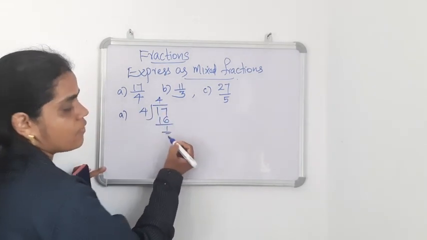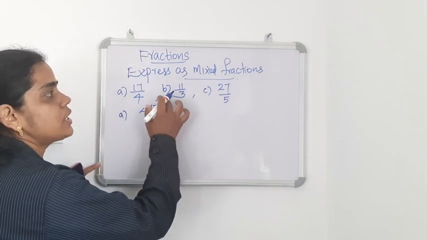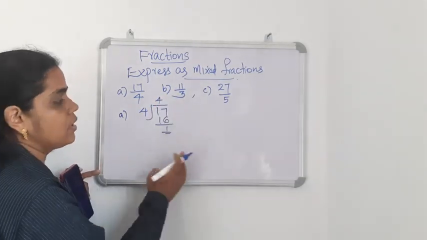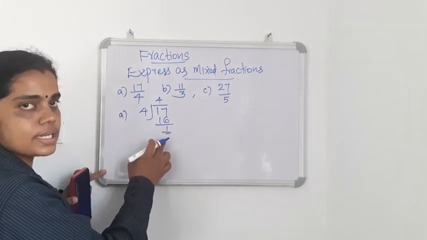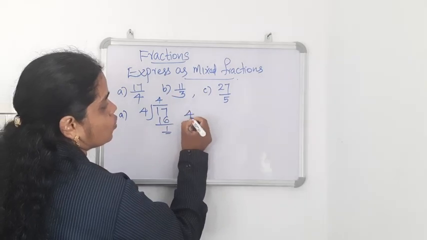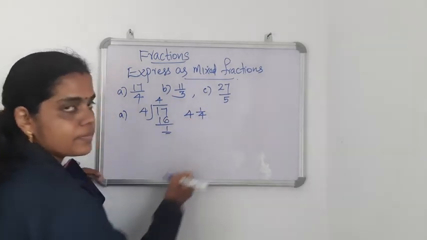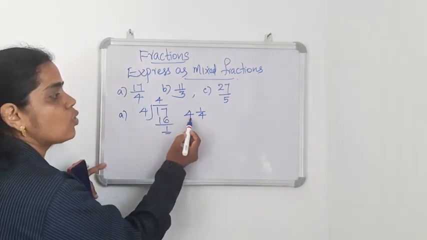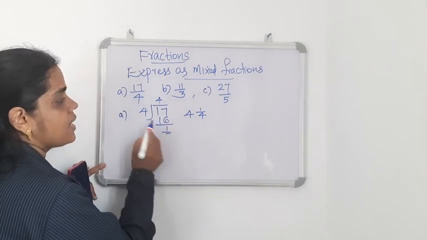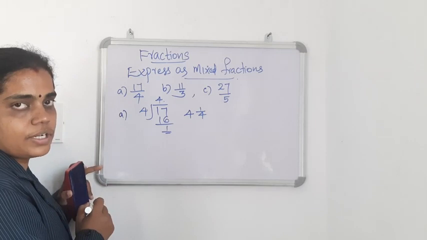Remainder is 1. The quotient is the whole number. So 4 is the whole number and 1 by 4 is the part. So the answer is 4, 1 by 4. This whole number 4 is the quotient, 1 by 4 is the remainder over the number we divided by.